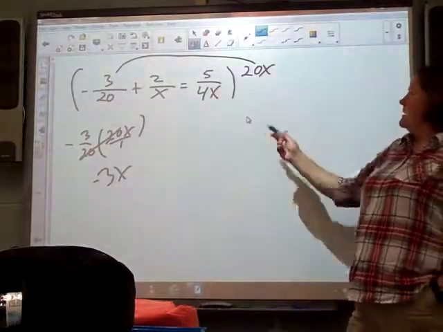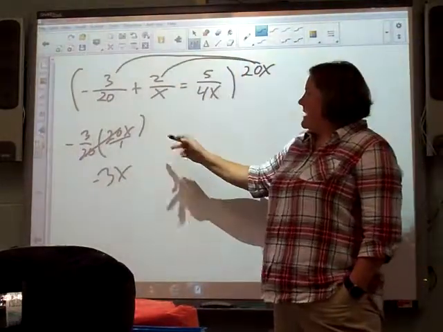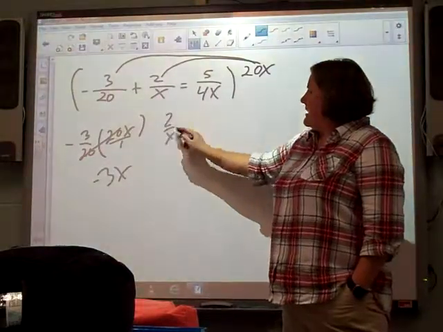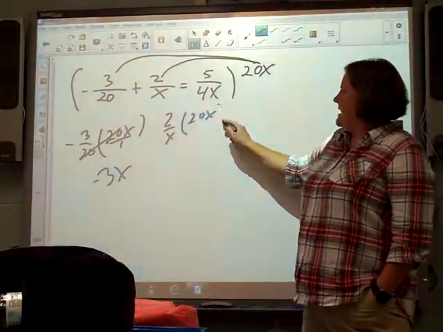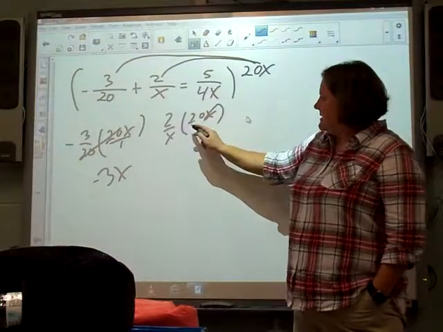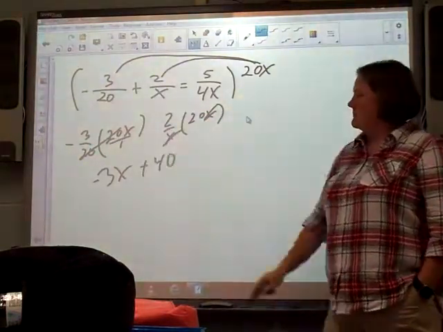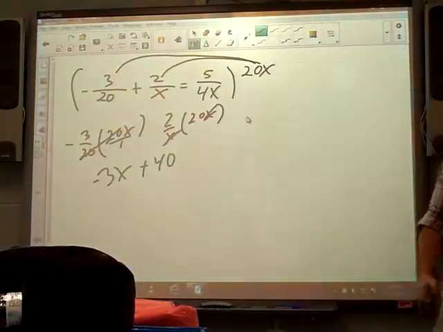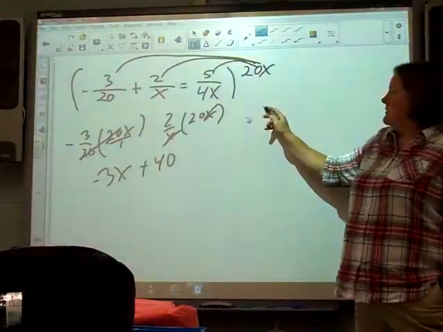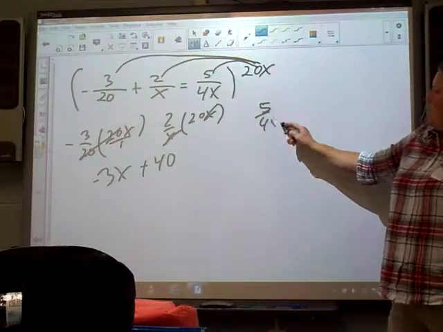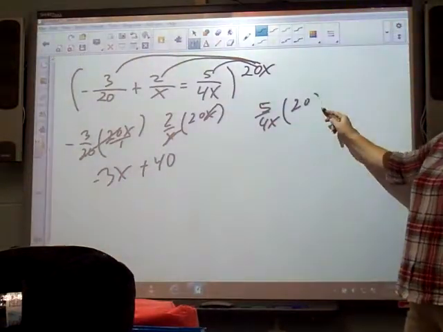Okay? I'm going to take the 20x and multiply it here. 2 over x times 20x. Here, just the x's would cancel out, so I've got 2 times 20. Then when I go here, 5 over 4x times 20x.